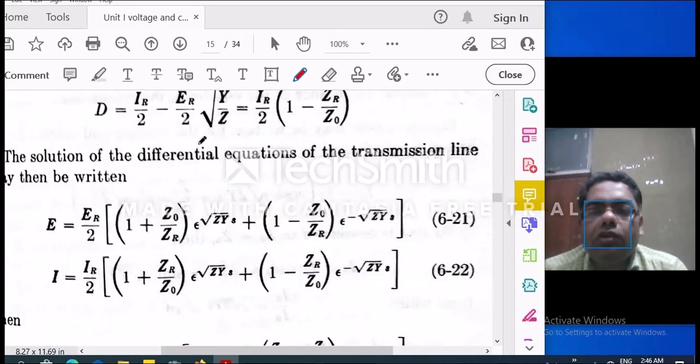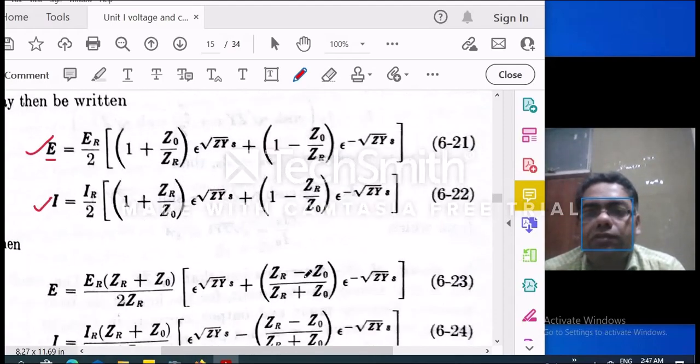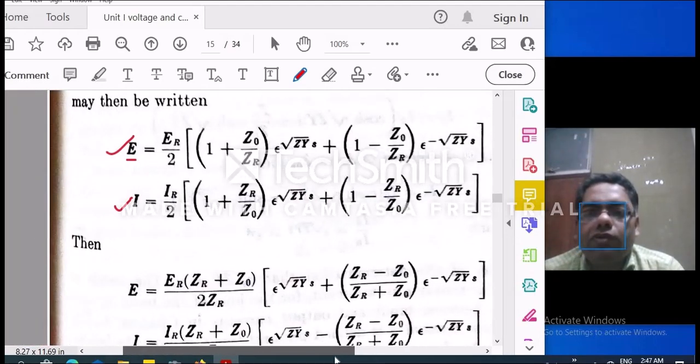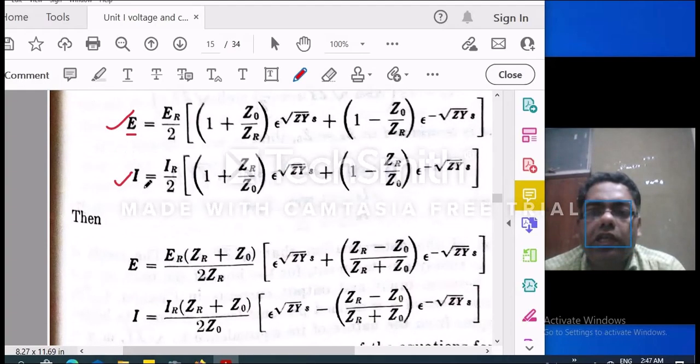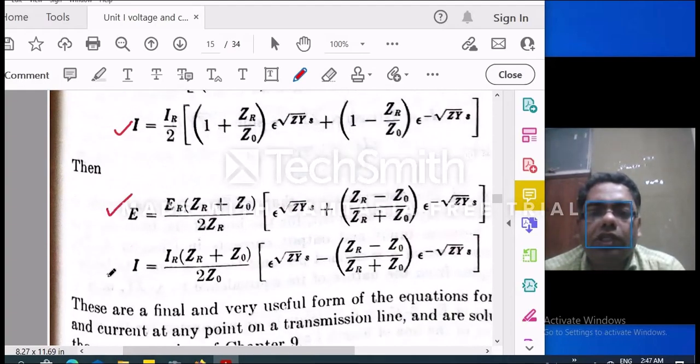Now the solution of this differential equation can be written in this form. If I put these A, B, C, D, I can write the expression of E like this, and the expression for I like this. Also I can rearrange E and I to get them in this form.